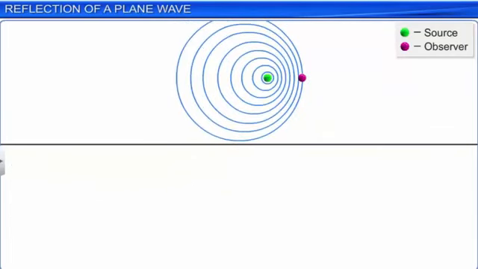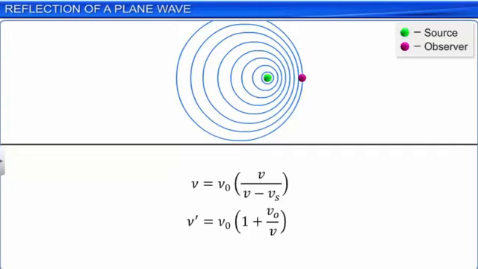Then, as for the Doppler effect for sound waves, we have nu = nu0 (1 - Vs/V), and nu' = nu0 (1 + Vo/V). Let them be equations 1 and 2.